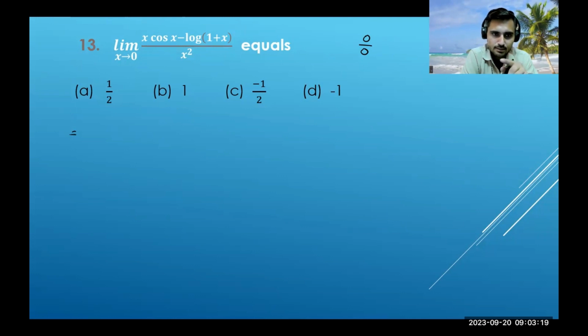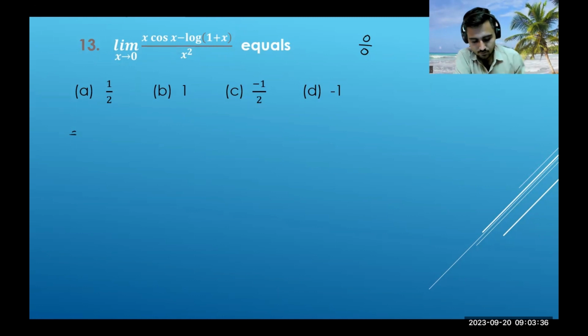And another thing is that if we differentiate the expression in the numerator, we have log x. If we differentiate it twice, it will be somewhat difficult, right? So what we'll do here, we'll try to write the expansion of these functions.